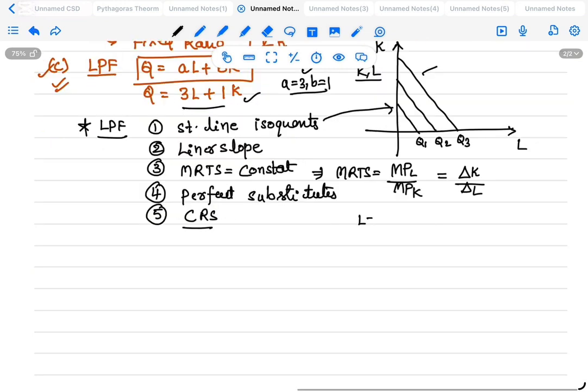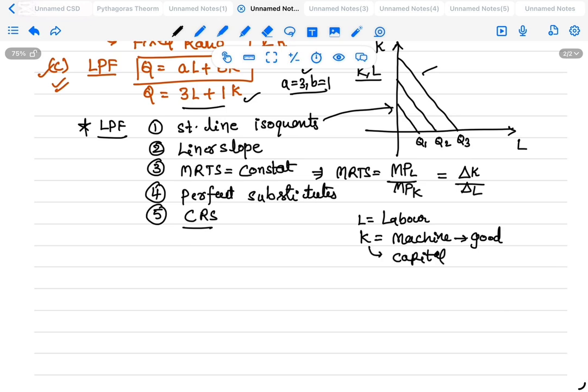So there are 2 inputs. L is the labor and K is the capital, which represents the machine. Machine is also a type of good. So, perfect substitutes. In this question the production function is Q equals 3L plus 1K.